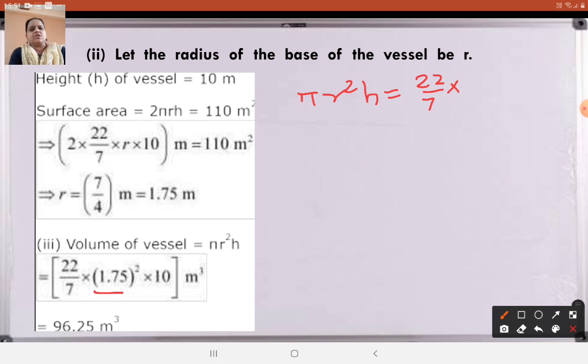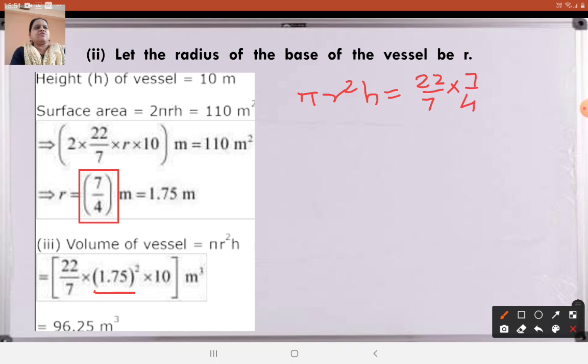Look at here, you can use this 1.75 or you can use 7 by 4. Any way you can do it. If you calculate by decimal, you will get the same answer. If you want, you can take it as 7 upon 4. So I will use it over here as 7 by 4.